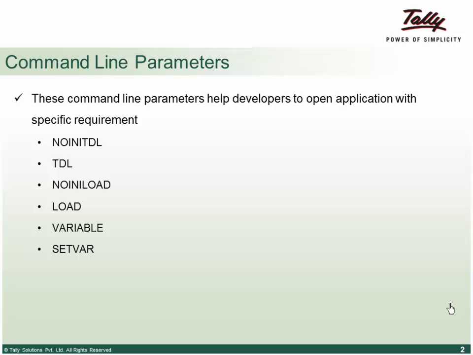Well, for the developers, there are specific command line parameters that help the developer to open the application based on a specific requirement. Starting with the first command line parameter, the no INI TDL. Basically, when you execute or open Tally, in your INI you have specified some TDLs.